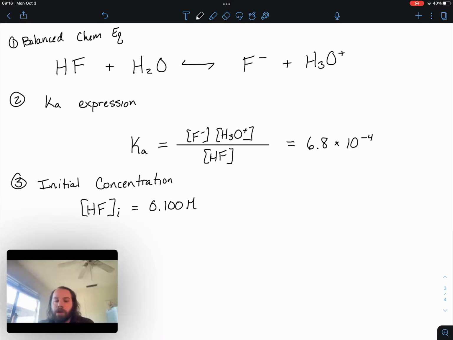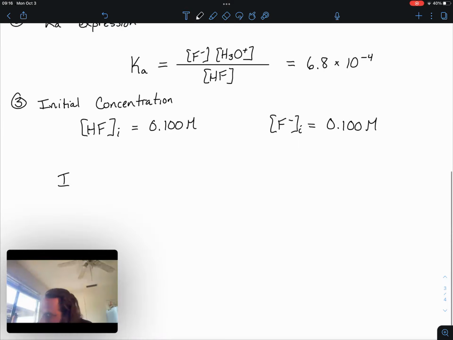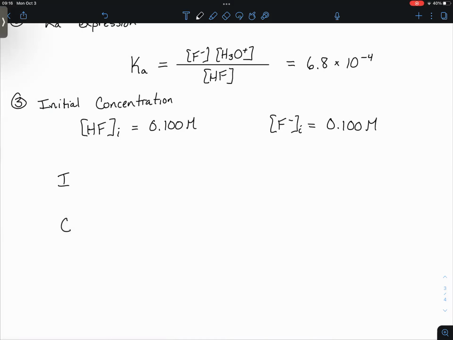We also have some of our conjugate base present as well when we start out, right? So now when I start out, I don't just have only weak acid, I also start out with my initial concentration of my conjugate base. All right, so now when I'm building my ICE table, and I'm keeping track of the concentration of all these different things, my reactants and my two products.